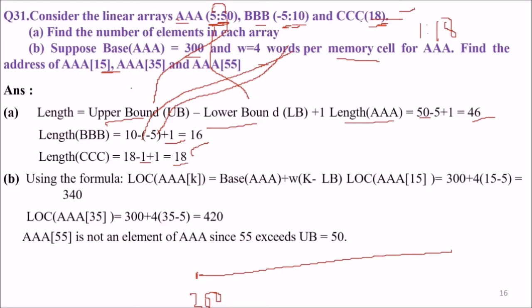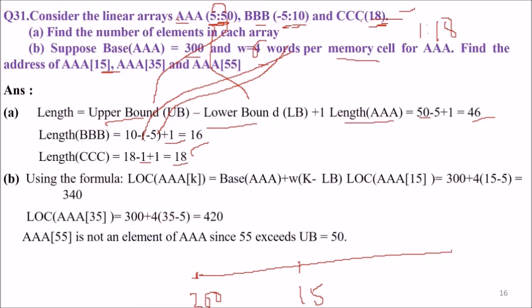So how are you able to reach 15 at this point? The basic idea is you would multiply this 15 with 4, that will be 60, and add 300 with 60, so that will come up to 360. But it is not like that.